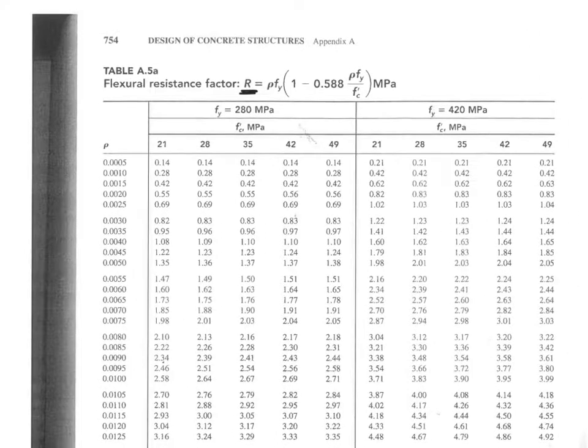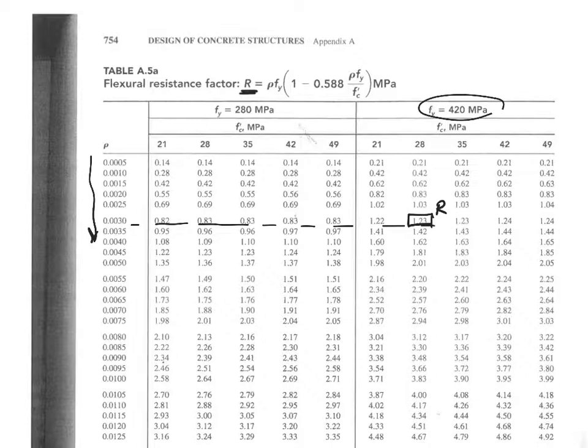So, simply, how to use this? Go to whichever F yield you have, go with the row that you have, right? And then pick through, for example, I have an amount of steel. I get my row and then go in and then find this is R. Okay? This is very simple to use.